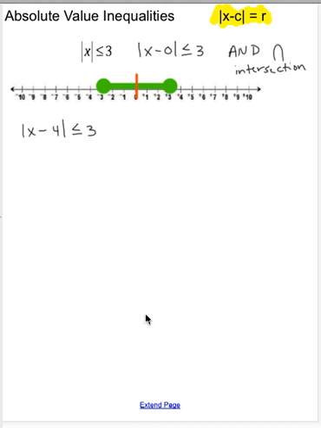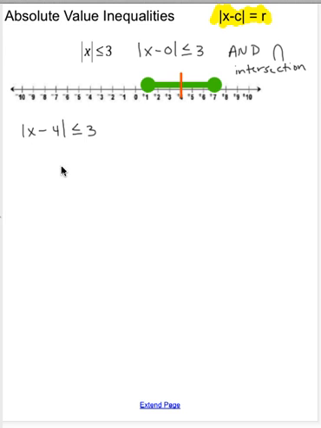So if I think about my number line, I'm really just shifting this number line so that the center's at 4, and I've got the values that are 3 or less than 3 away. So on the number line, I can really see where my solutions are going to be. So 1 and 7 is what I expect my solutions to be.